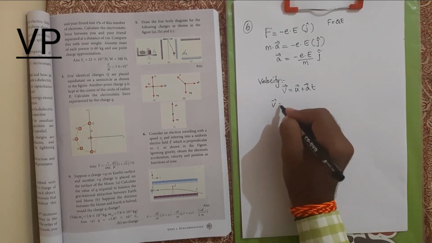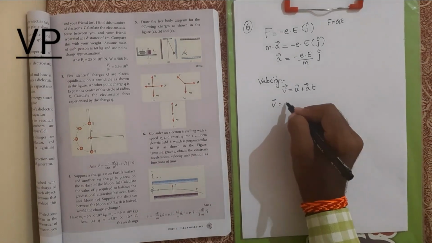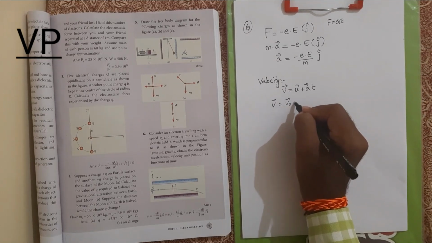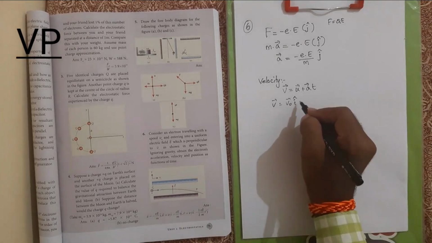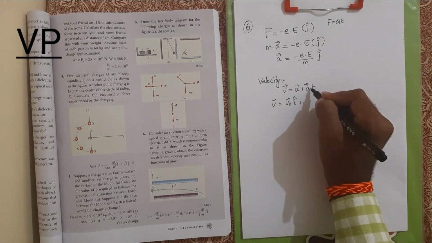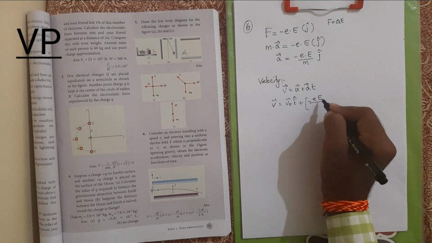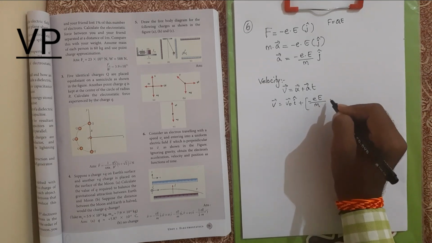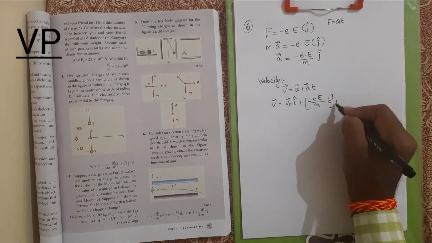So the velocity vector v is equal to, the initial velocity is given as v naught, so v naught along the i cap direction, since we know the velocity is perpendicular to the electric field, so this is along the x direction, that is the i cap direction, plus the acceleration, which we have found to be minus e into capital E divided by m, into t, and this is along the j cap direction.